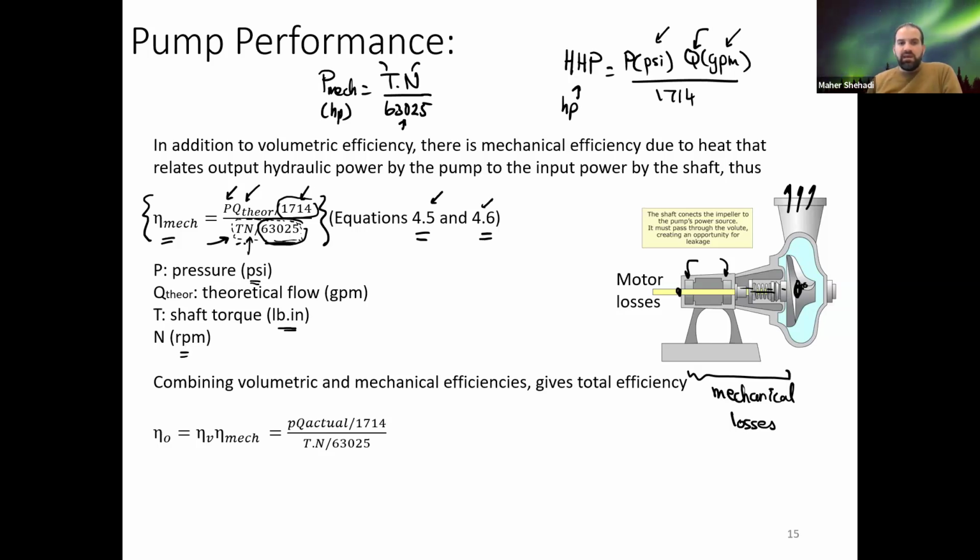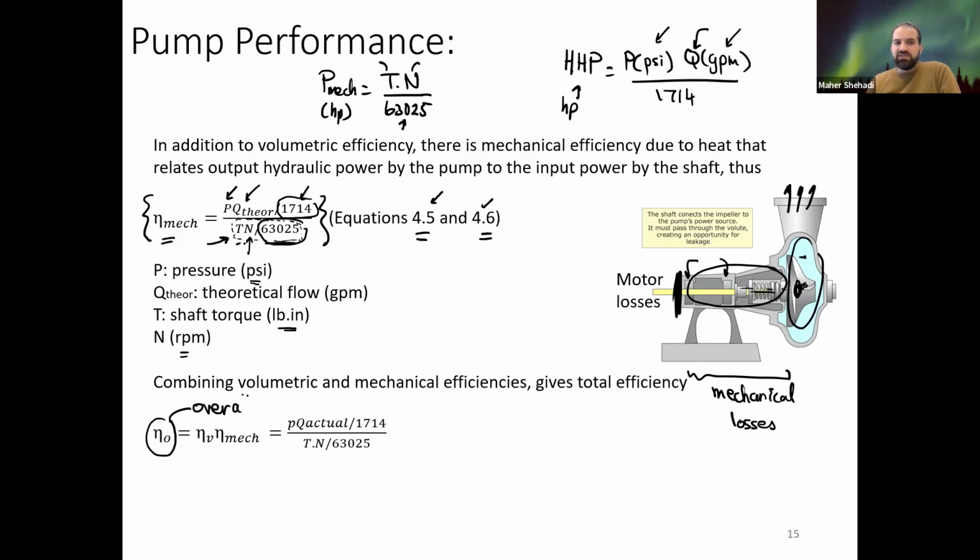So be careful. Now if we go back, we have volumetric efficiency here, and then we have mechanical efficiency here. So from this point to here only, we're not going to discuss all the way back to the plug, because there are electrical losses and so on. But for the pump only, we can now define the overall efficiency.